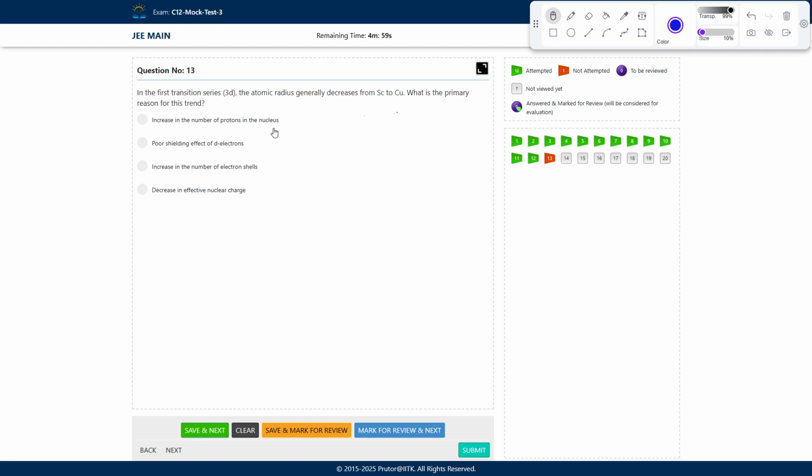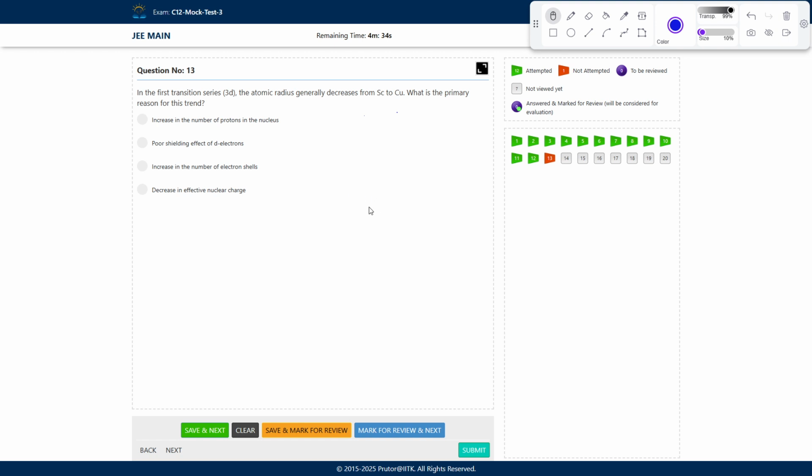Increase in the number of protons in the nucleus, poor shielding effect of d electrons, increase in the number of electron shells, or decrease in the effective nuclear charge. So in the 3D series, basically nuclear charge increases with the increase of each electron, because electrons add with each successive member, the electron adds in the inner d subshell.